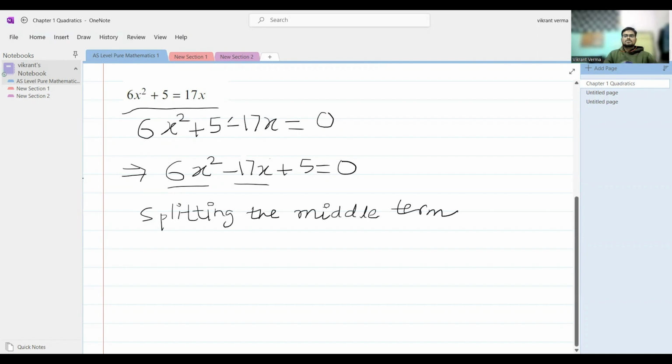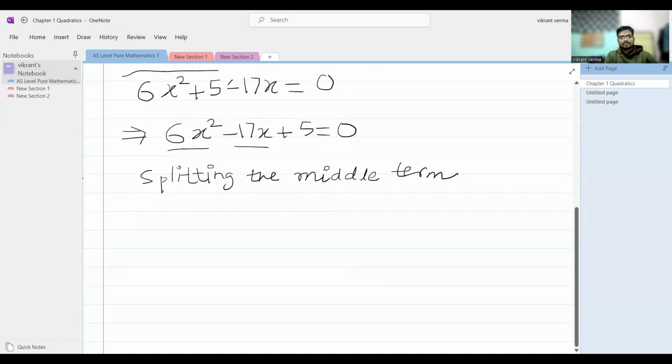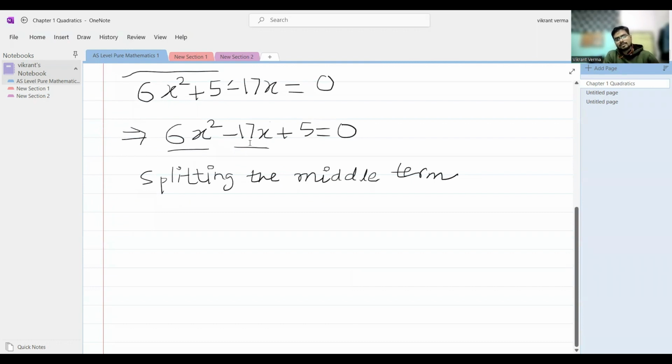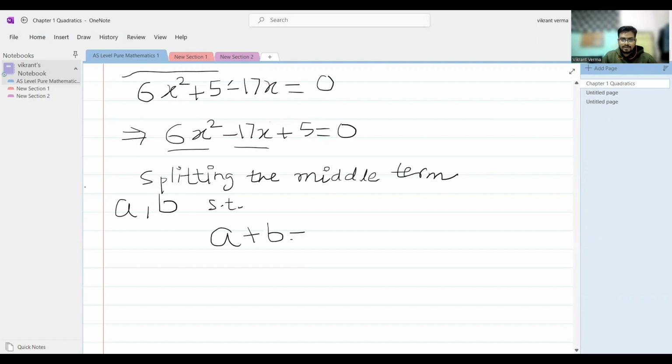Okay, so in this method what we will do is, we will choose two numbers, A and B, such that, this is the standard abbreviation in mathematics for such that, their summation, when we add them, becomes minus 17. But when we take their product, that is when A is multiplied by B, the value becomes 5.